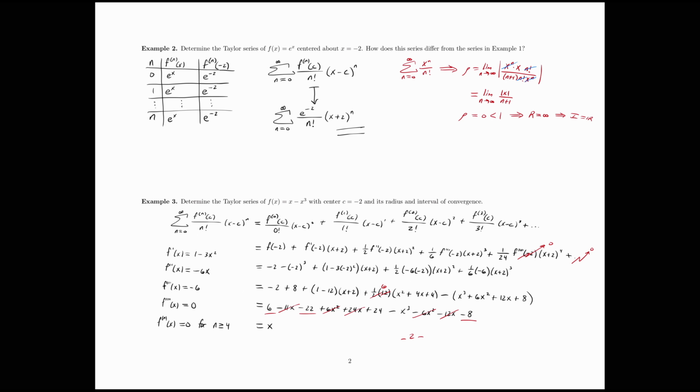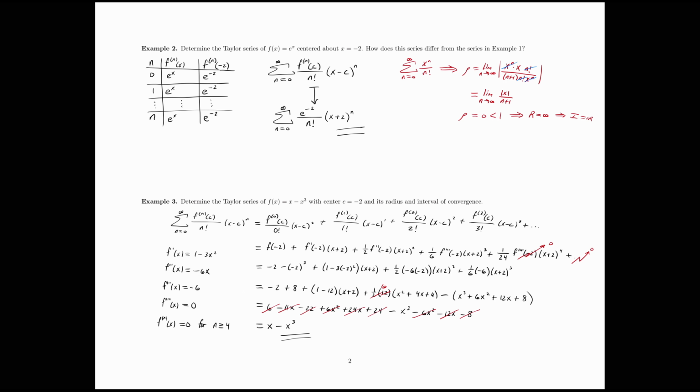And a negative 22, that gives us a negative 24, which cancels with this 24. So our constants all vanish as well. And then we're left with x minus x cubed, which is our polynomial.